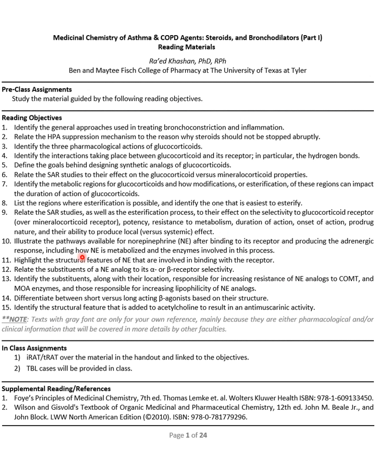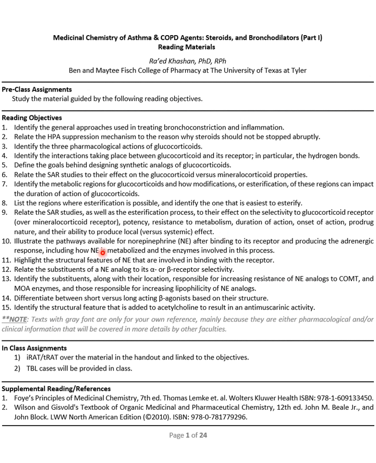And then when you look at the next class, which is the beta 2 agonists, make sure you know the pathways available for the norepinephrine after it binds to the receptor.